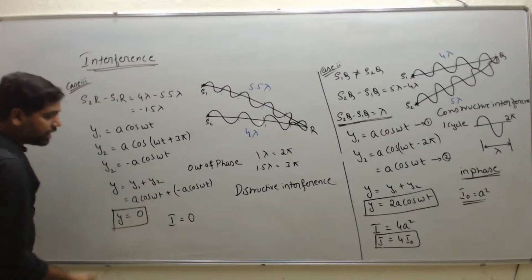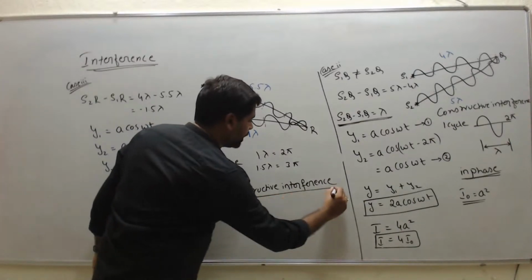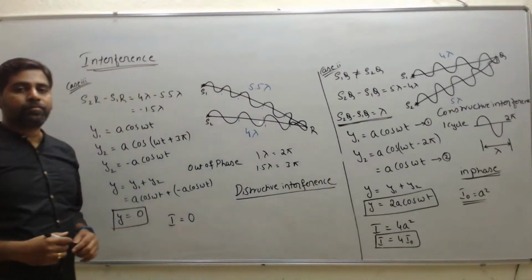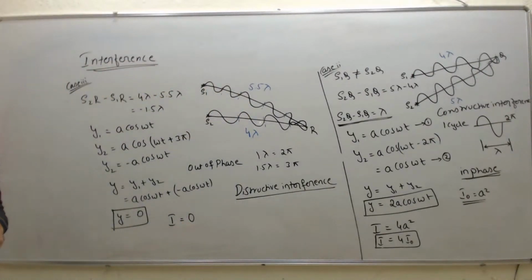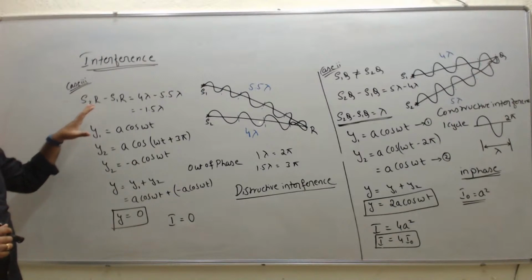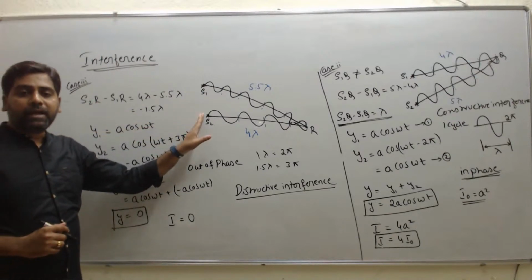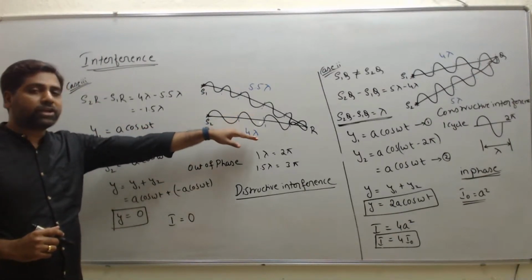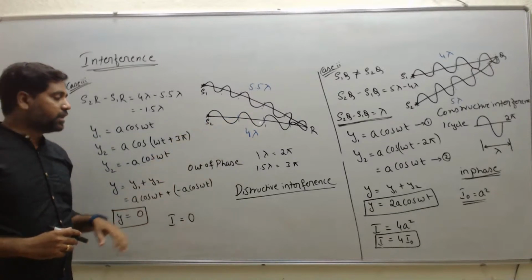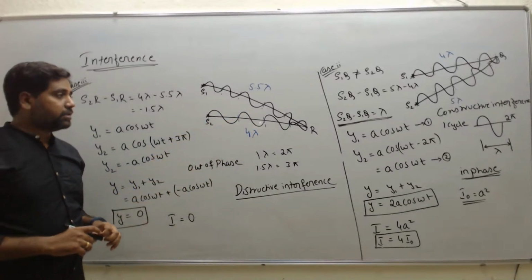Then this one we call destructive interference, right? So this is about the theory of interference. So how do we get constructive interference and how do we get destructive interference, right?